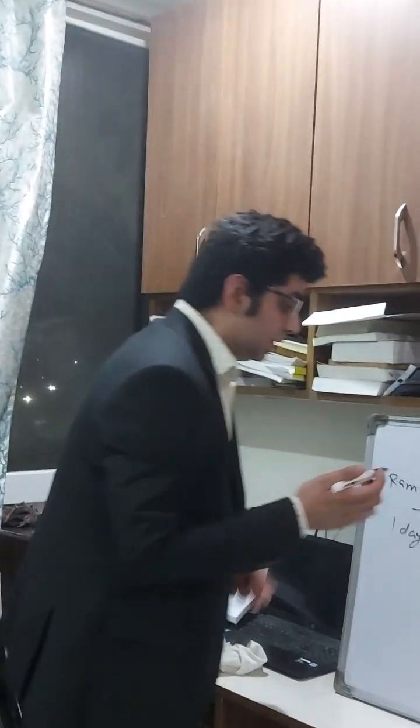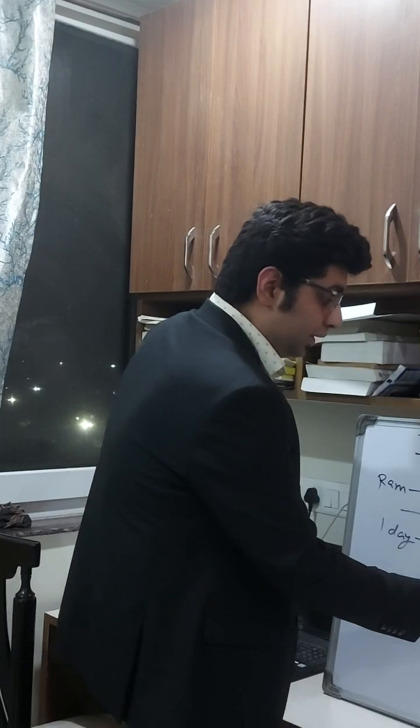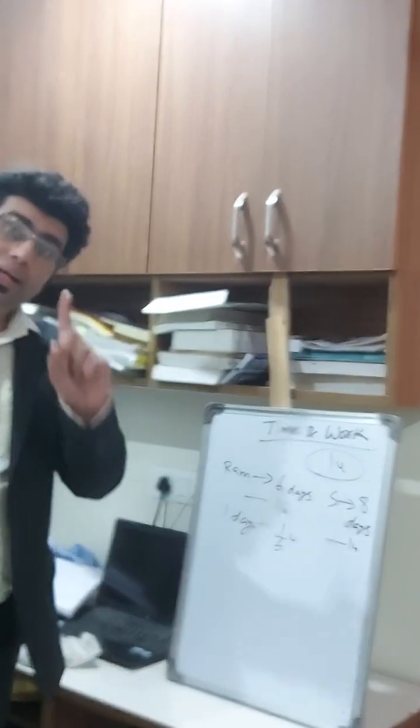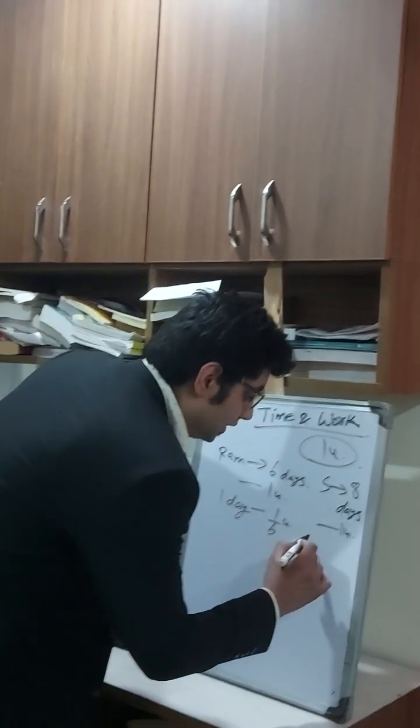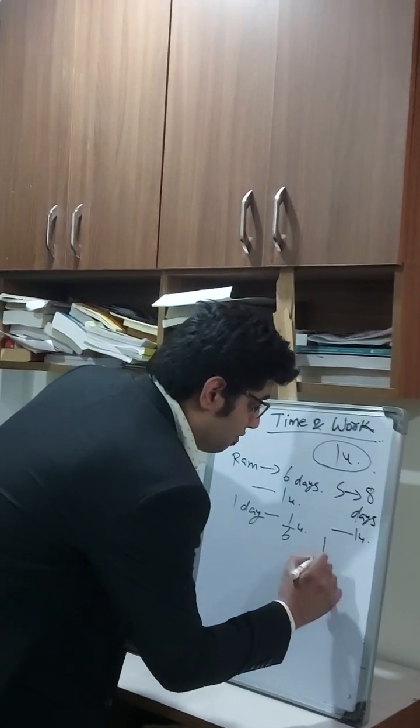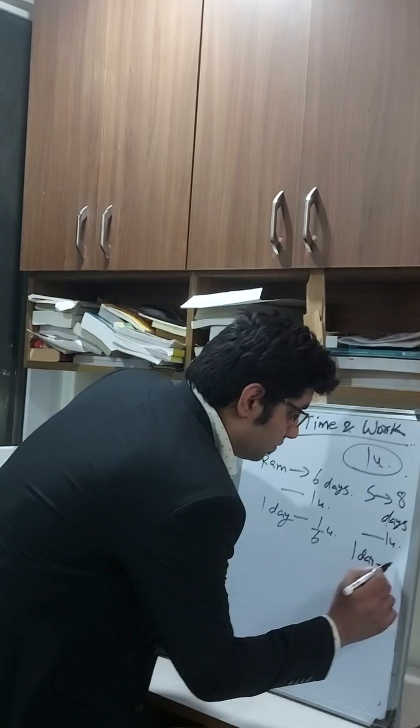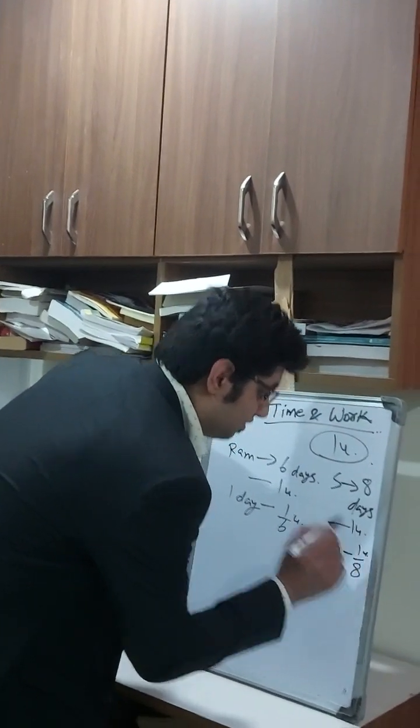Similarly, Sham was doing 1 unit of work in 8 days. So in 1 day, how much work will Sham do? Sham will do 1 by 8 unit of work.